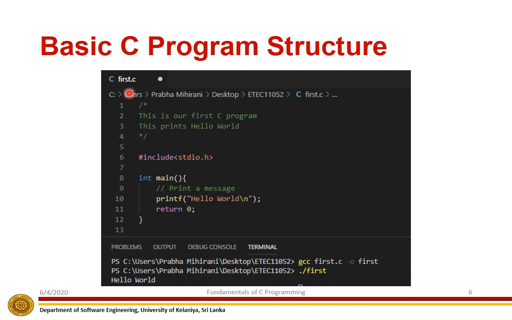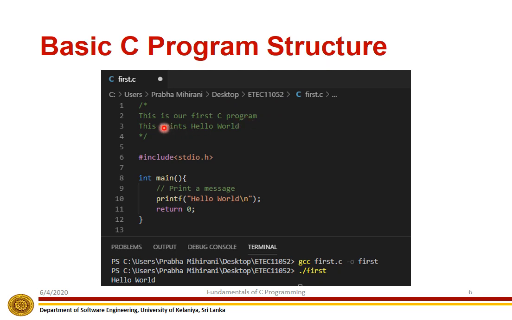Every time you save C programming code, you have to give the file extension as .c. Then only it will consider the program as a C program. Then this is the file path. I have saved the file in the folder named etc11052 on the desktop.